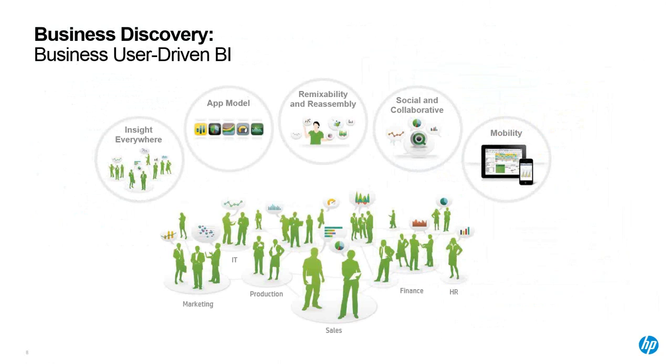So they have the ability to go in and check the dashboard. They can modify the various options on the fly. This gives them the ability to work the data in the way they want to see the data. Okay, so that is the Insight Everywhere app model.